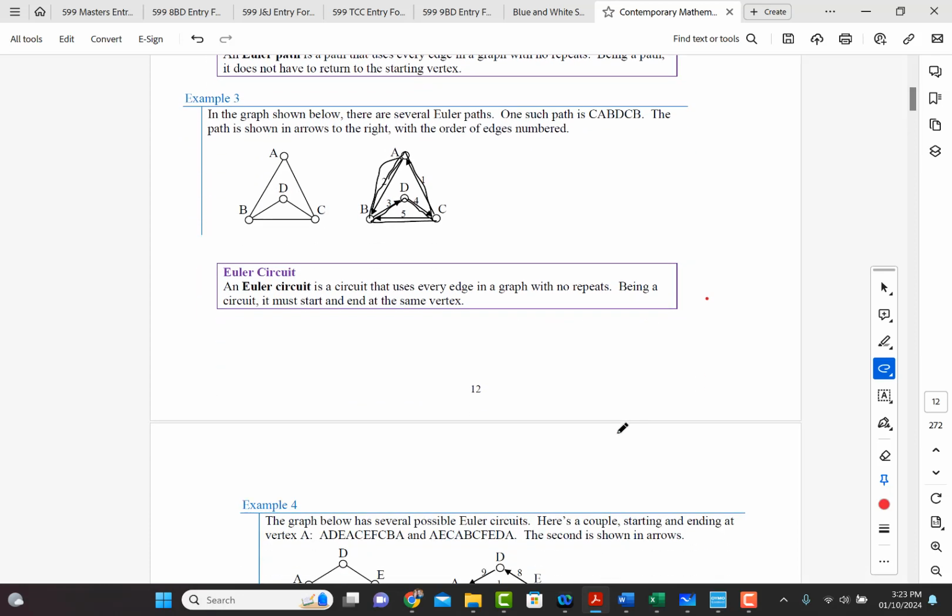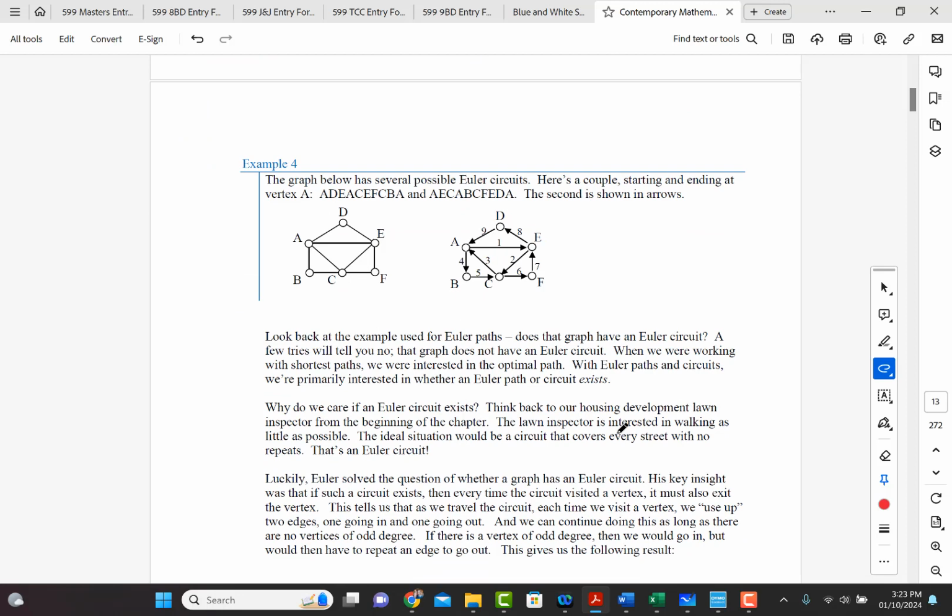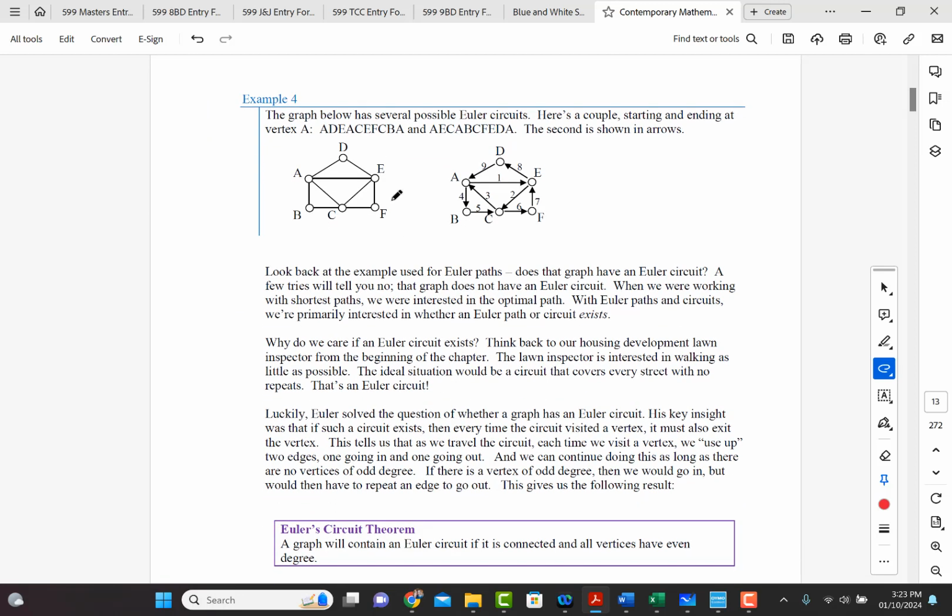So we looked at Euler circuits. If we look at example 4, here's the graph. Here's an example of a circuit.